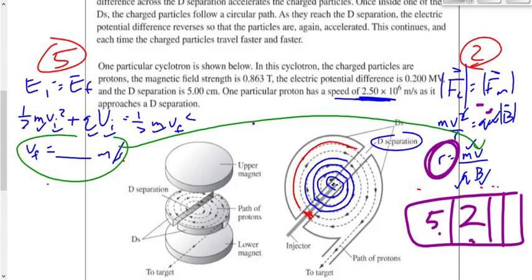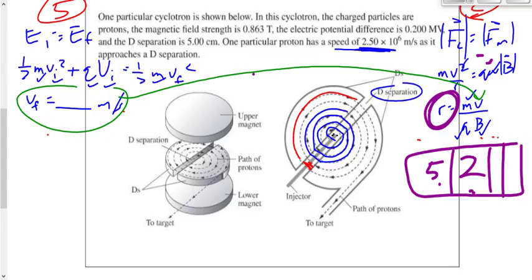Now, there could be another possible solution to this question. And in fact, there is, using different principles. This would not be anywhere close to the most efficient way to solve this, but we could have said E is equal to delta V over delta D to get the electric field. Then we could have said F is equal to Q times E to get the force.